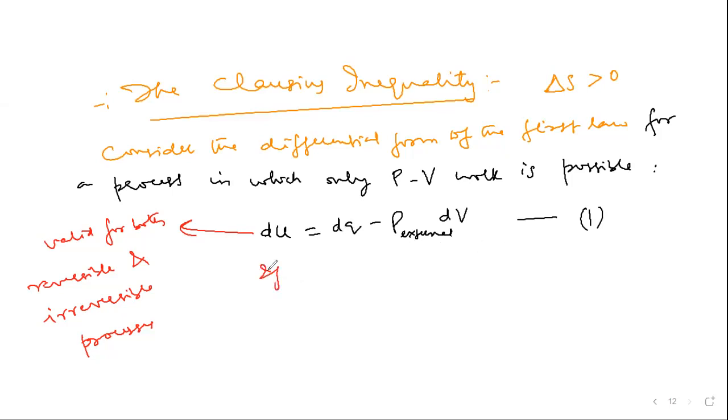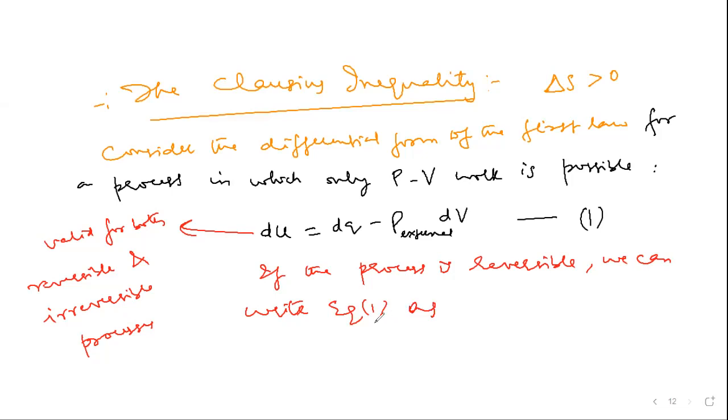If the process is reversible, we can write equation 1 as dU is equal to dq subscript reversible minus PdV.